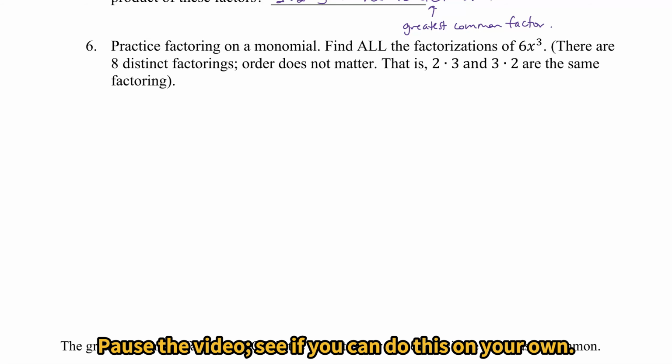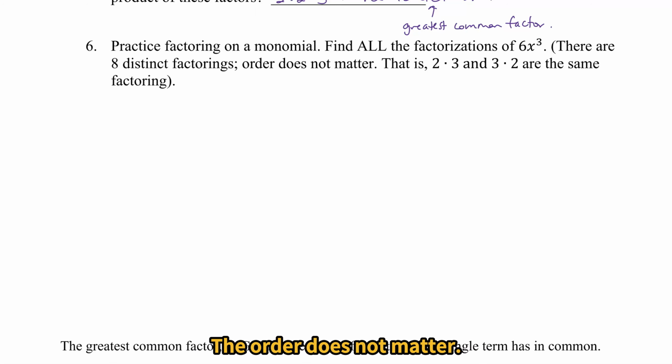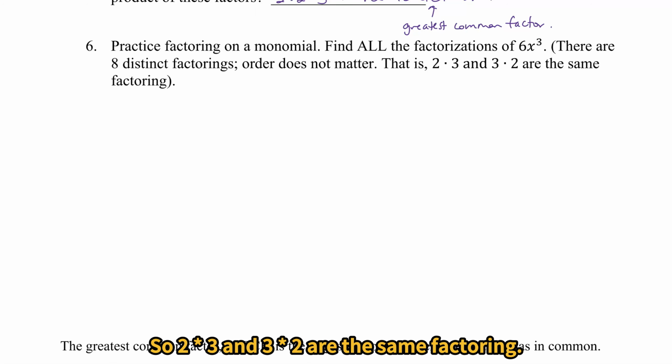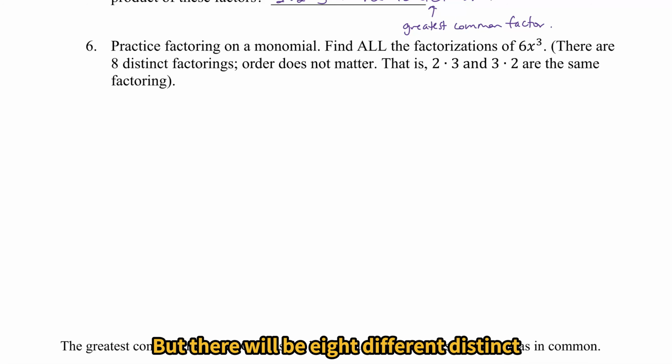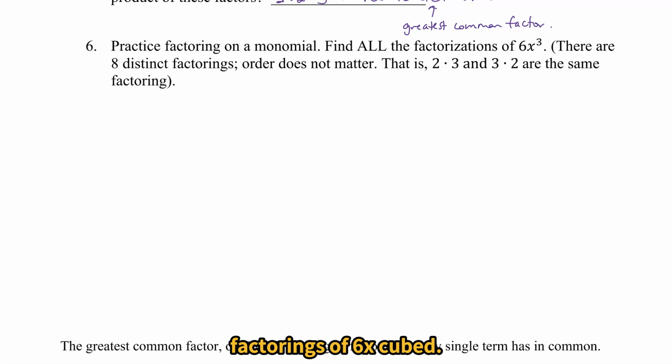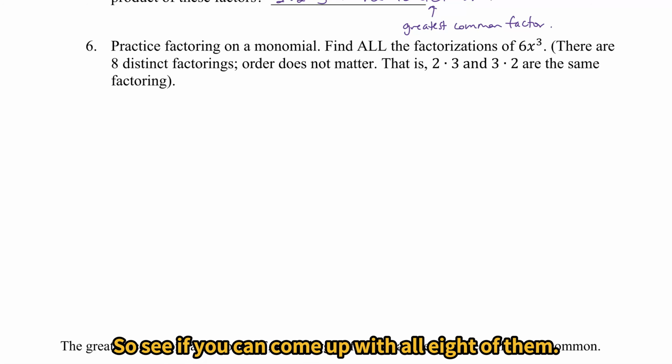Pause the video, see if you can do this on your own. The order does not matter, so 2 times 3 and 3 times 2 are the same factoring, but there will be 8 different distinct factorings of 6x cubed. So see if you can come up with all 8 of them.